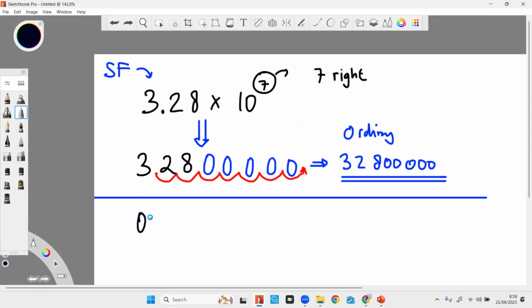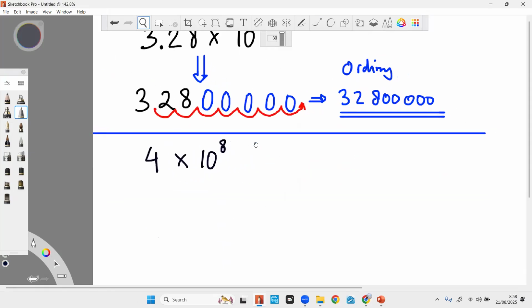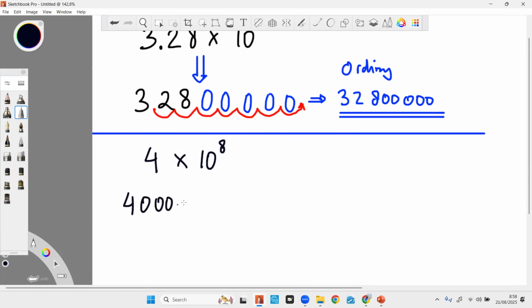Let's say 4 times 10 power 8. How do you do it? Write down 4. This is the decimal. This is the easiest way. You put 0s, 8 of them: 1, 2, 3, 4, 5, 6, 7, 8. That's it.